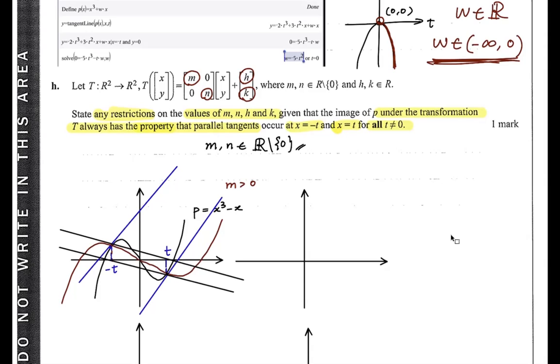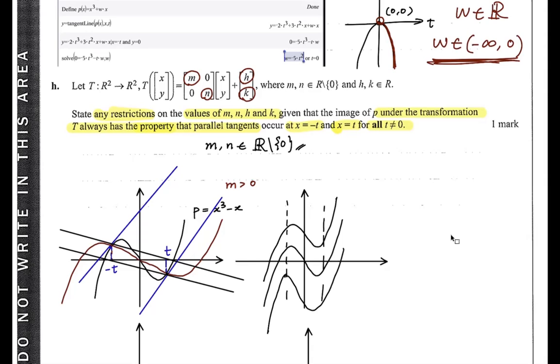Okay, so let's think of the translations only. If it's translated upwards, it doesn't matter, because the translation shift upwards or downwards becomes 0 after differentiation.